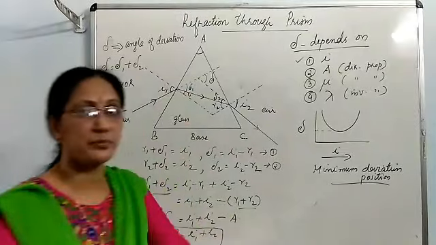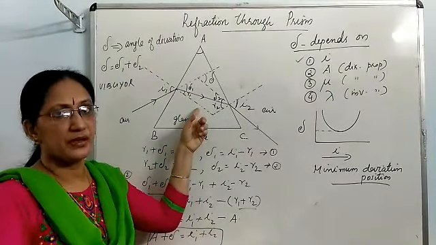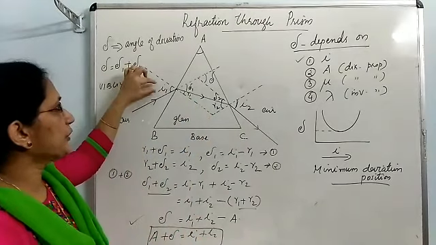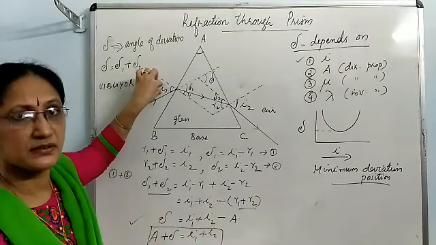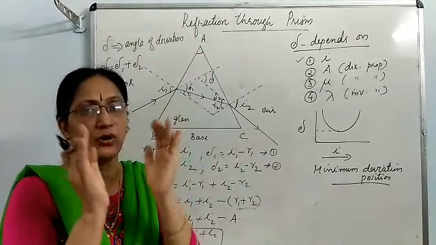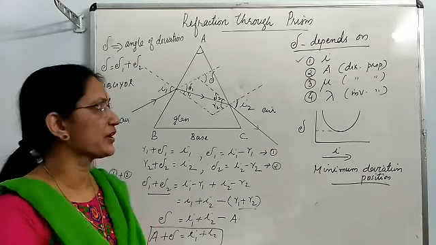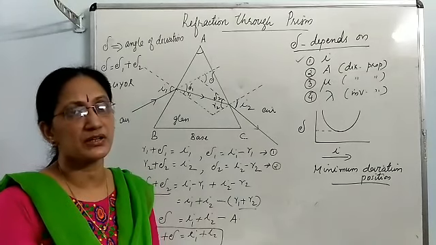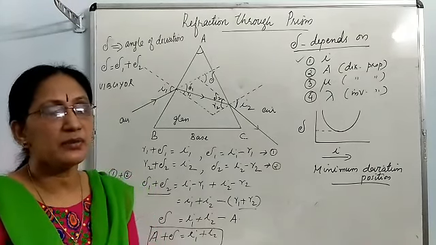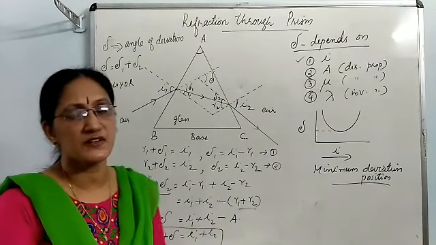Minimum deviation position means when you set a prism for a particular angle of incidence so that this angle delta becomes minimum or the least, that position of the prism is known as the minimum deviation position. In minimum deviation position, you will observe something special.